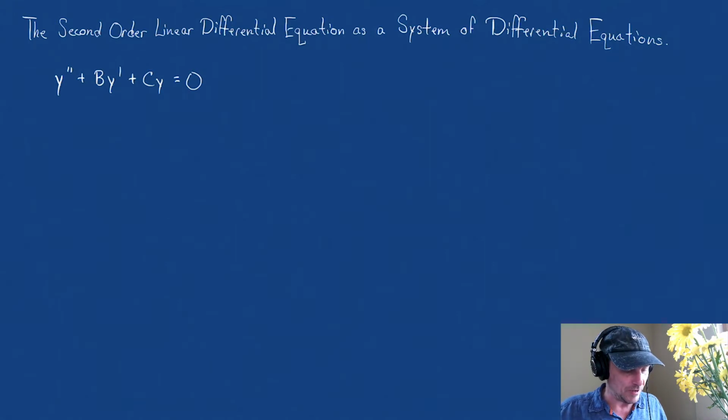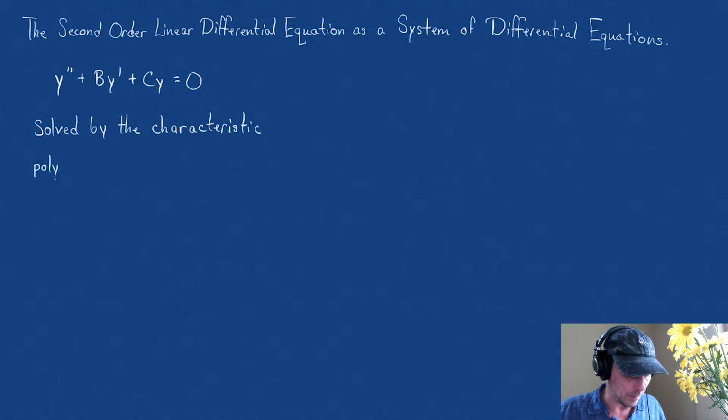Remember, this is solved by the characteristic equation or the characteristic polynomial. We said it was s squared plus b times s plus c equals 0.